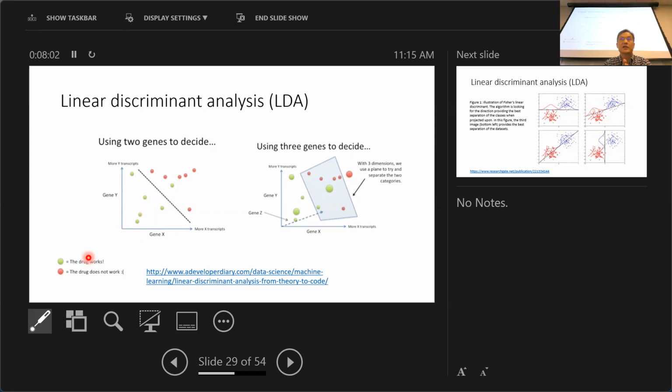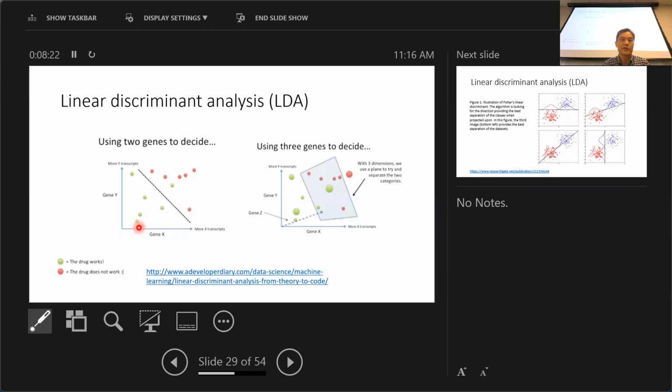But in this case, our purpose is not to display all the data points. Our purpose is to find a rotation to rotate the data and let them project onto this PC and then make them separable.